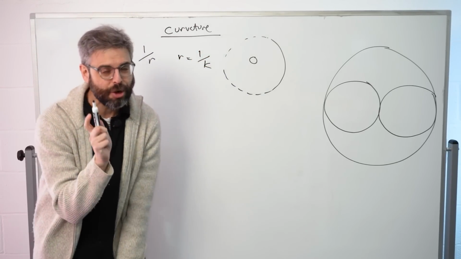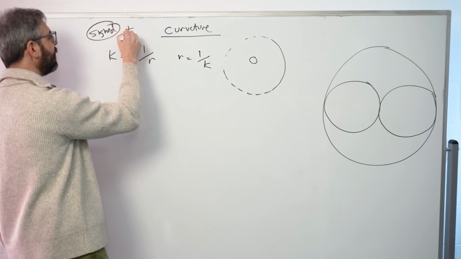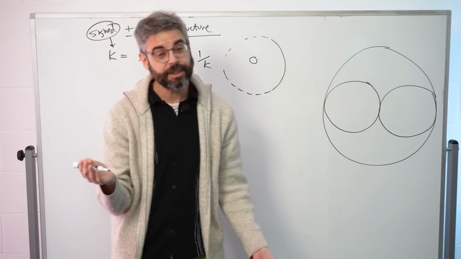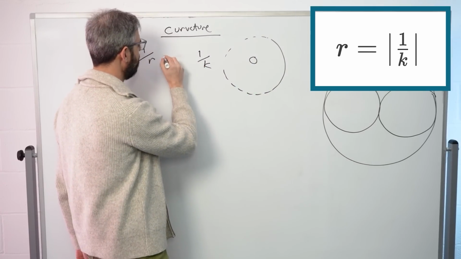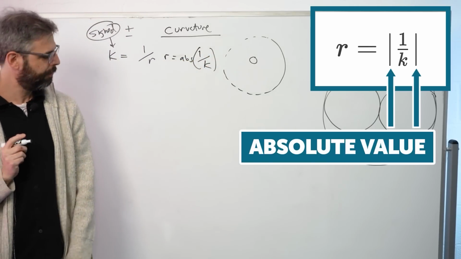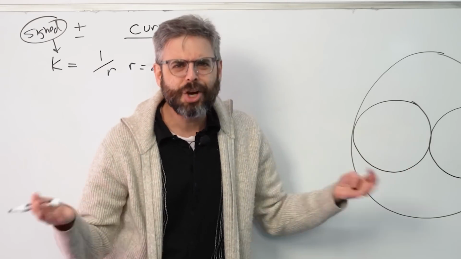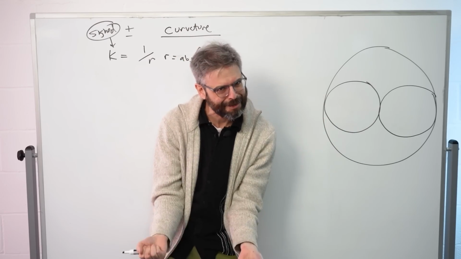Now, the curvature, however, is signed. It can be positive or negative. The radius, of course, is always positive, so we might say the radius is equal to the absolute value of 1 over the curvature. Now, what makes the curvature positive or negative? I mean, all the circles, they bend the same direction.